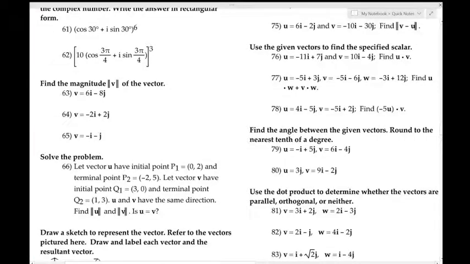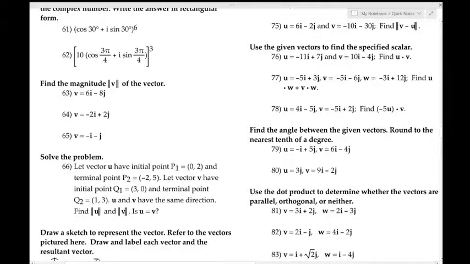Now we're getting into the vector topics, right? So number 63, find the magnitude, and that is the symbol for finding the magnitude, right? The double bar. Okay, so find the magnitude of the vector.